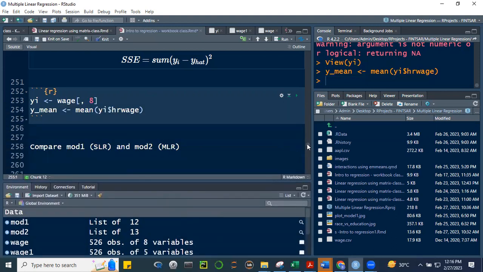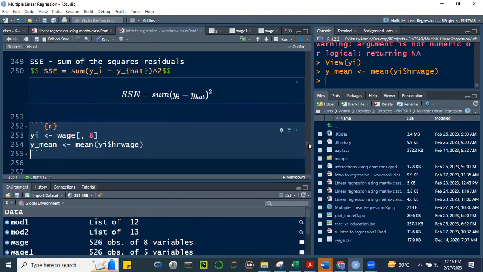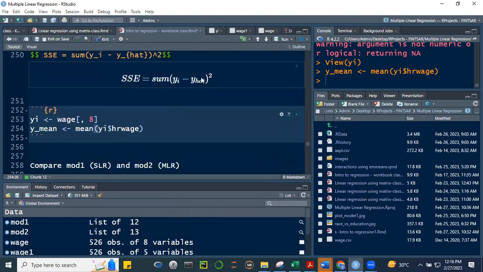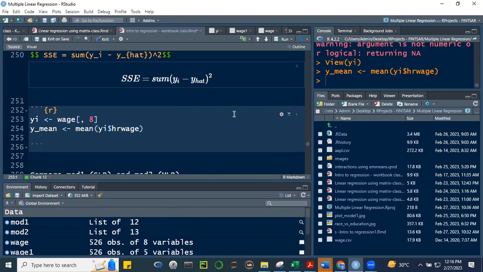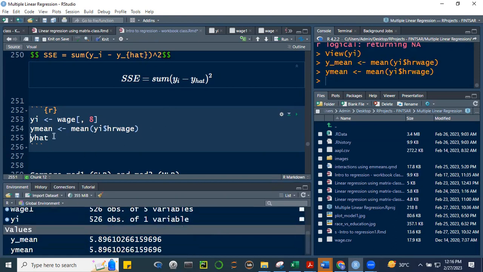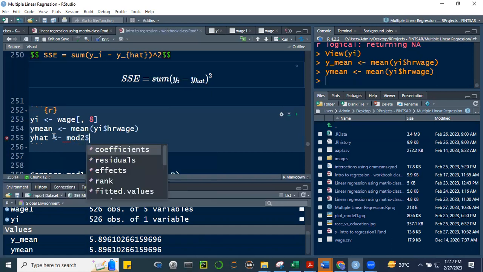Okay, ano pa kailangan natin? Yung y hat natin. How do we generate our y hat? Saan natin kukunin class yung y hat natin? Sa model 2, right? Yung mga fitted values.